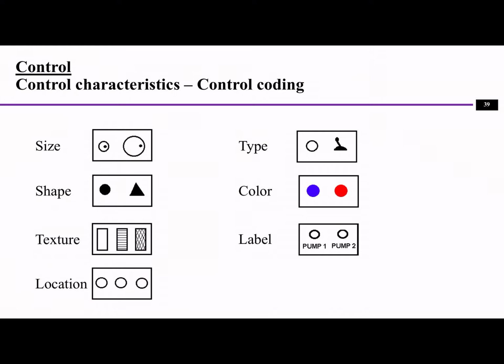And for the codings, control also can have some of the codings. For example, you can use size as codings, and also type as codings. Some of them can use color, some of them can use shape, or texture, or labels. Labels just simply use text to describe what the controls are, or you can use locations. For example, the stove example.